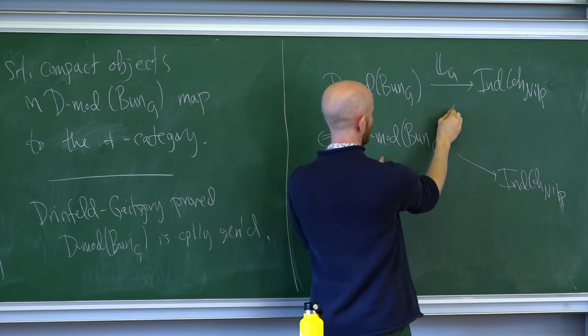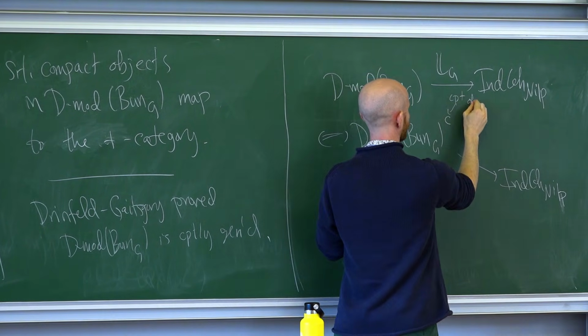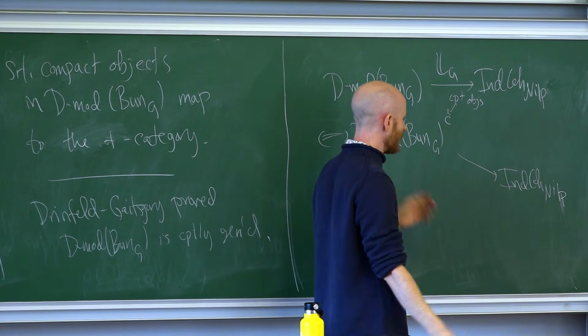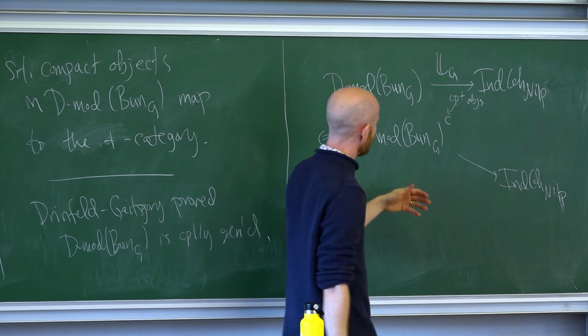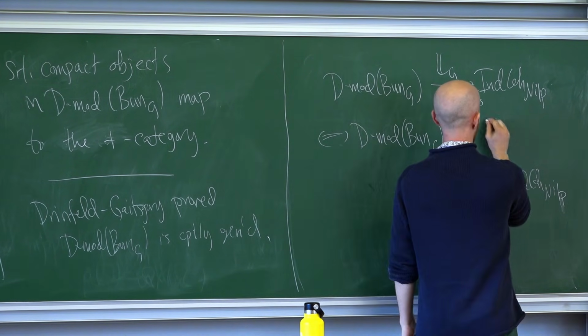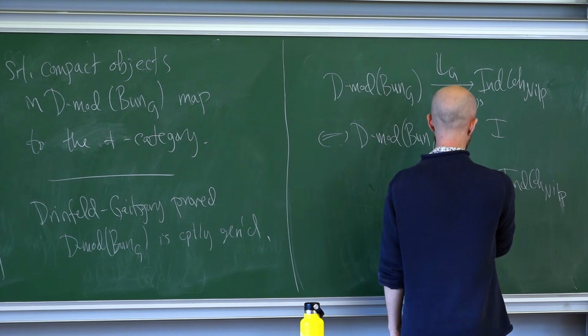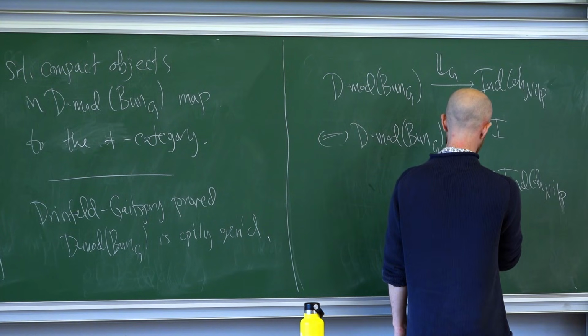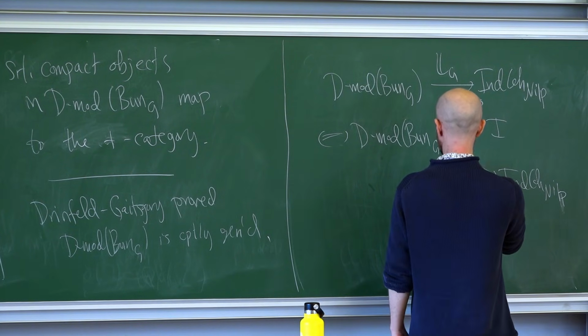These are the compact objects for me. Just by extending, that's the universal property of how compactly generated categories work. So this is the restriction.